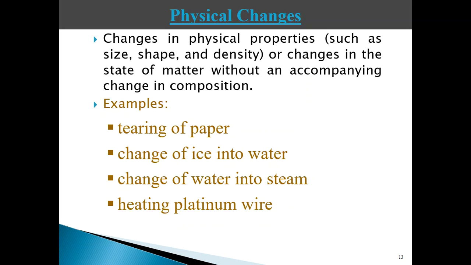So changing of ice into water does not change the fundamental composition of the substance. It's still H2O, even though it may have converted from the solid state to the liquid state. All right. So in each of these examples, you do not have the creation of new substances. So that's basically what typifies a physical change.